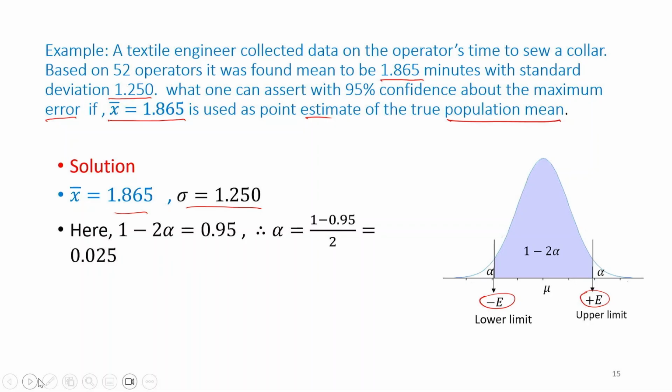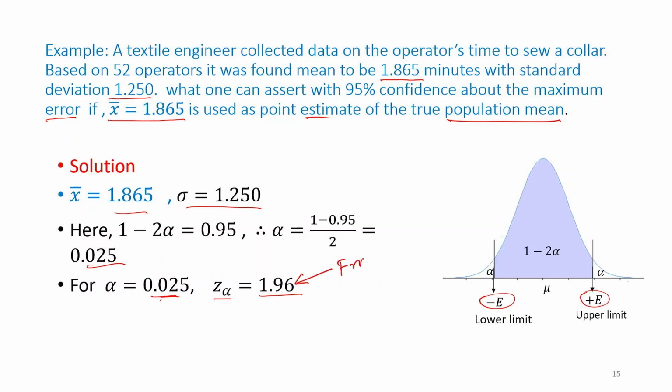Level of confidence 95%, so 1 minus 2 alpha is 0.95. So how much is alpha? 0.025. Find out for 0.025 what is the value of Z, and you will get a figure 1.96 from the Z table. You have to consult the table, then only you get this value for alpha 0.025.